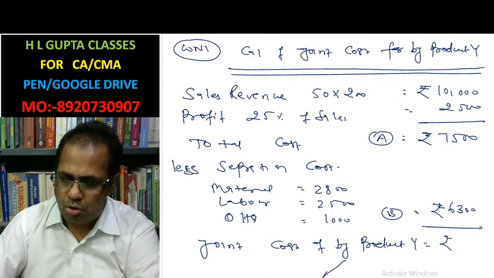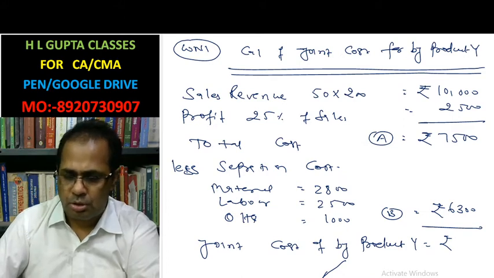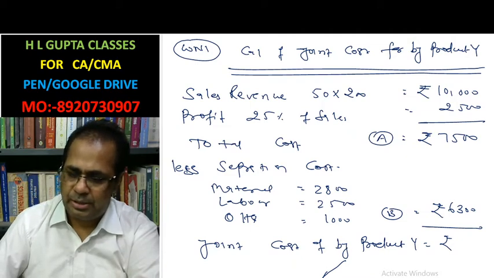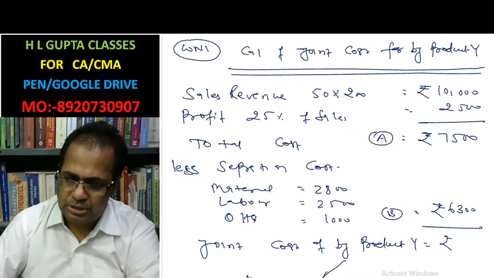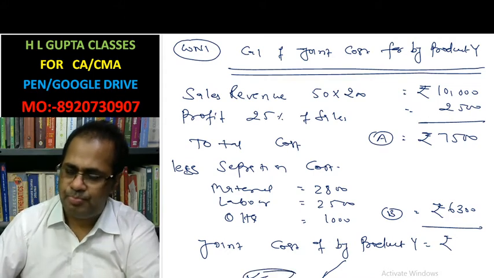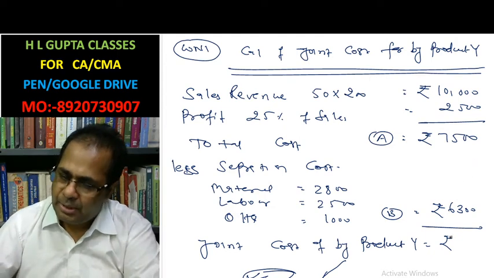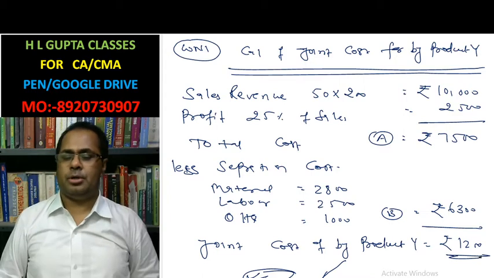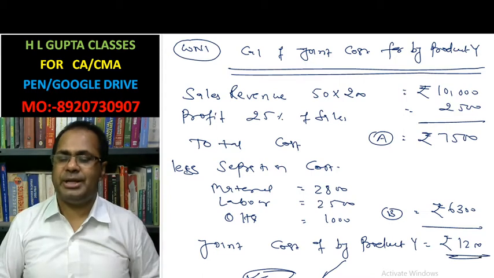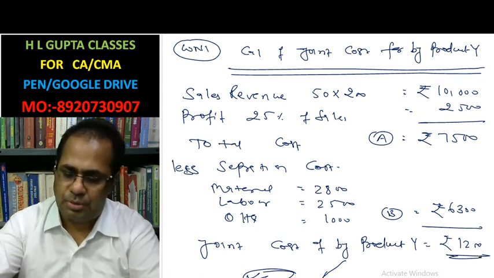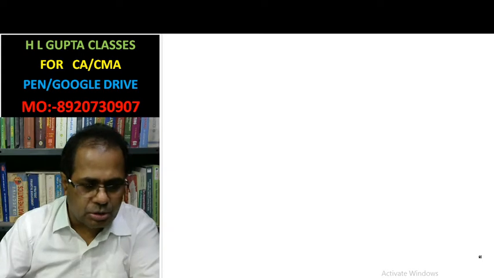The total cost for Y was given as 7,500, including this cost and the process cost. If you subtract these, of course the joint cost will remain: 7,500 minus 6,300 is 1,200. Joint cost for byproduct Y is 1,200.